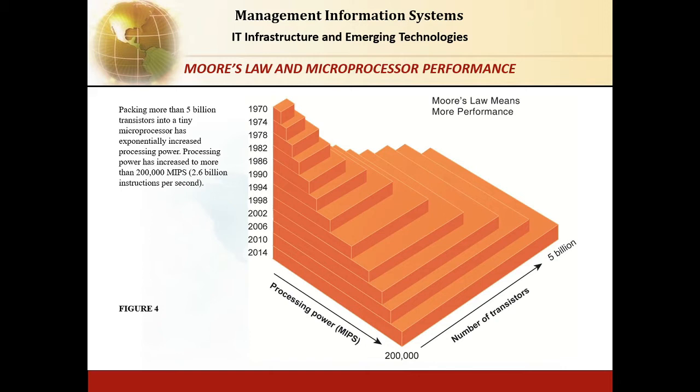So kung mapapansin niyo dito, noong 1970, ang liit lang nung transistors na kasya sa kanya. So ngayon, tingnan nyo, from 1970, 2014, until now, 2020, sobrang laki na ng transistors na nagagamit. So, palaki na palaki talaga yung storage natin. Yung storage ng bawat device natin or yung mga storage devices.